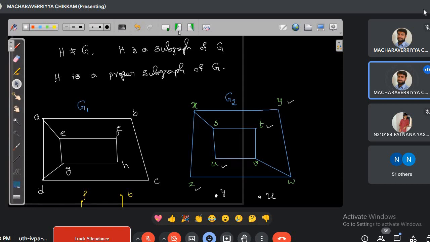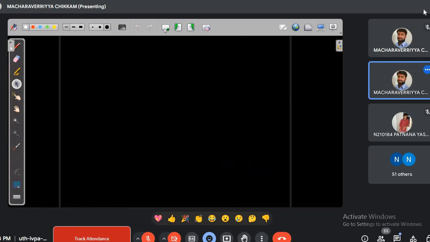Okay. Now let me move to a path of length n. So let me introduce. Let's say you have a graph (V, E). Now I'd like to define a path of length n.